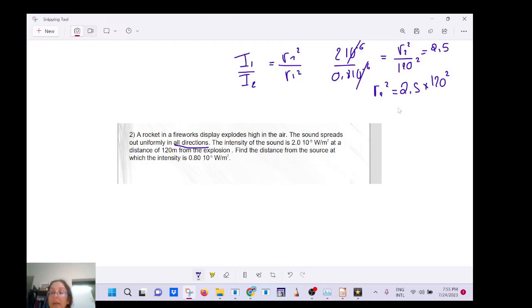So R2 is 120 times the square root of 2.5. Because 2 divided by 0.8, yes, it's 2.5, that's correct. And you do 120 times the square root of 2.5, and you get about 190. Okay? So once you understand the concept, it's not that hard.